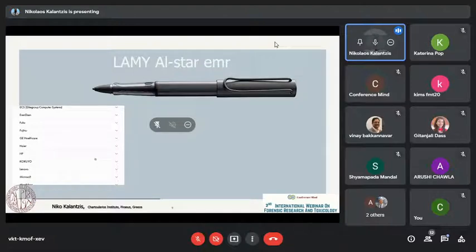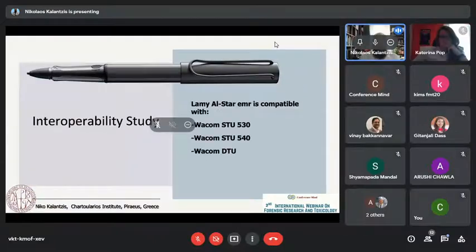So these devices have a very wide range of compatibility with several devices. As they have not been focused on the forensic application, the list of devices available on both Wacom and Lamy websites is limited. Part of our research included an interoperability study, and we are in a position to confirm that these styli do work with the business Wacom digitizers like the STU530, the STU540, and the Wacom DTU.